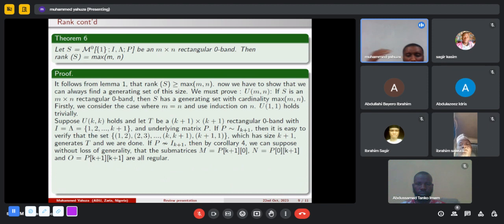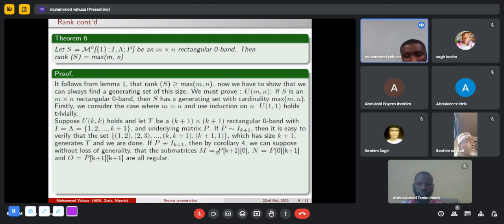So by our lemma 4, if this matrix is not equivalent to the identity, then we can delete a column, or delete a row, or at the same time delete a row and column, and the submatrix will still be regular. That is what we mean by this M, N, and O.